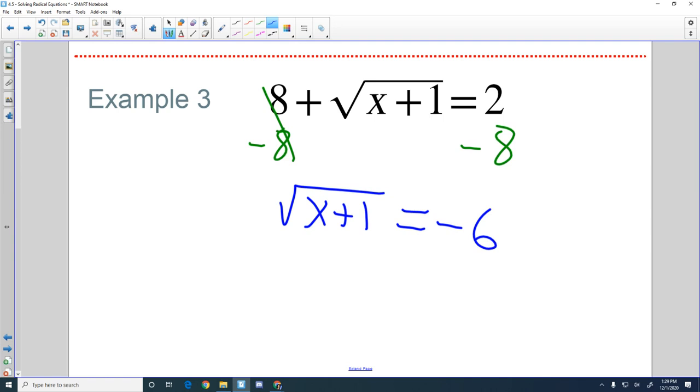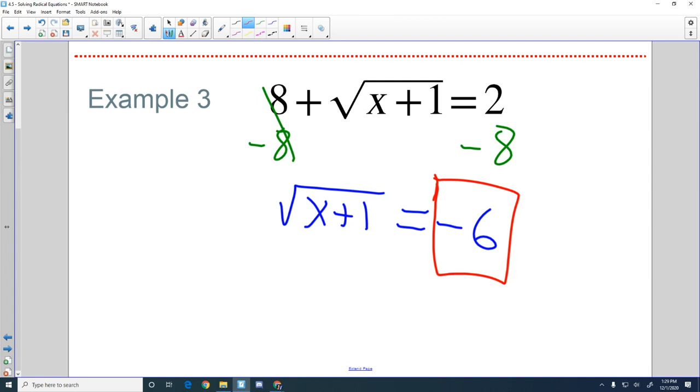What should we do next? Oh, I heard squaring, but also I heard someone say, wait, we should stop. What do you mean? Why should we stop right here? Check it out. The square root of something equals a negative 6.